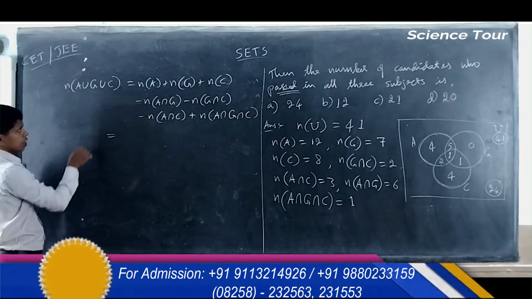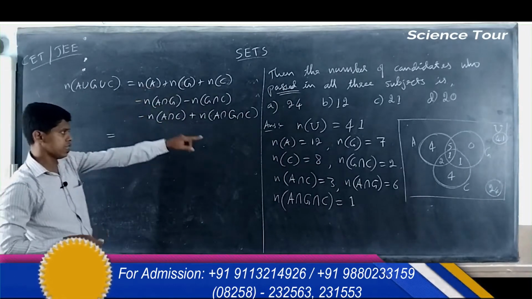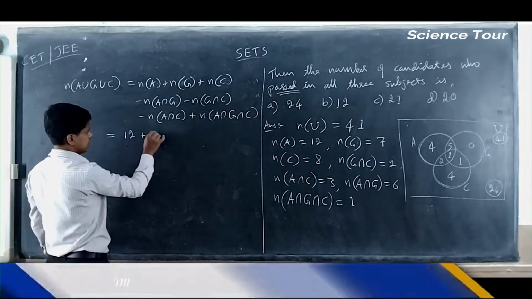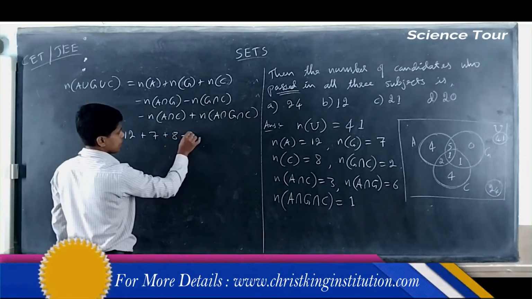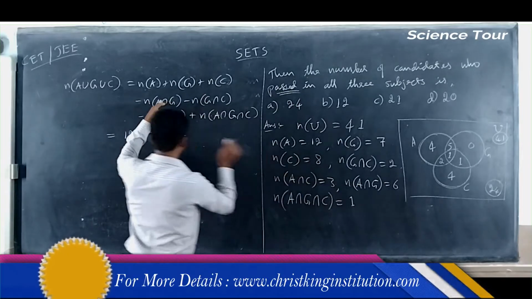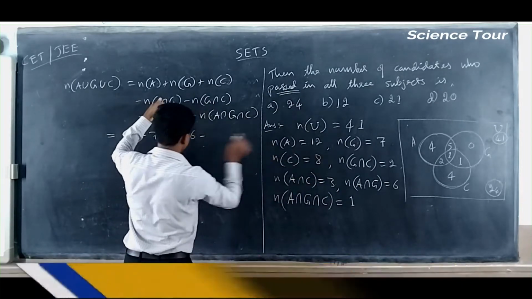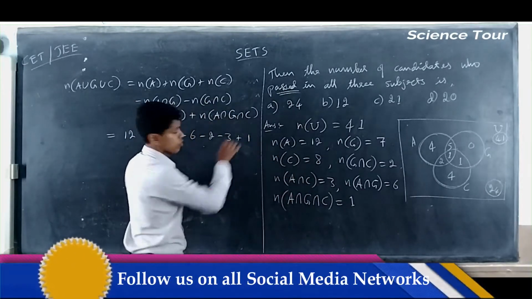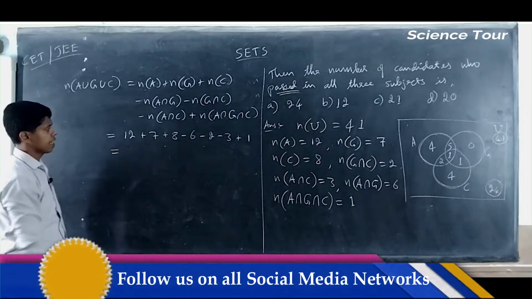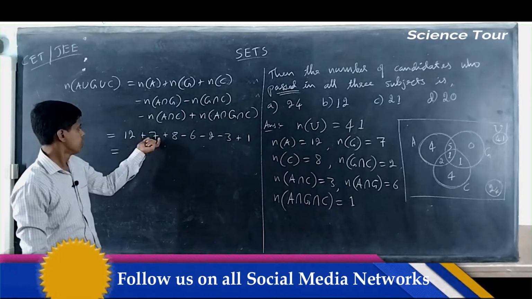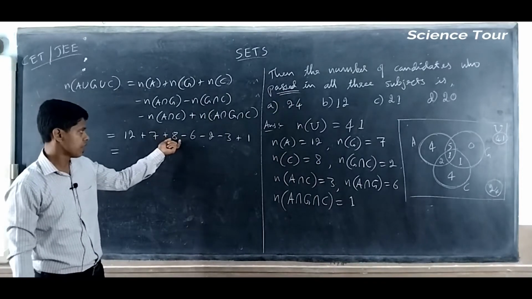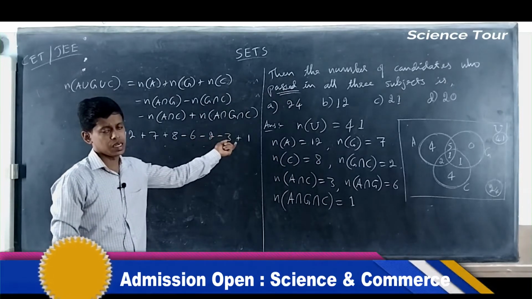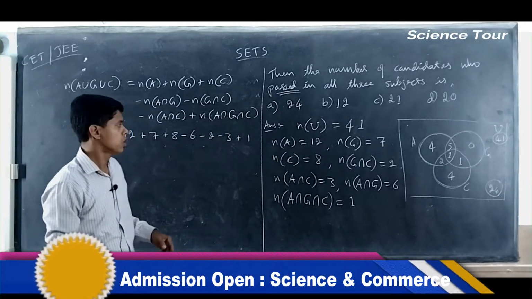We know n of A is 12, plus n of G is 7 and C is 8, minus A intersection G is 6, and G intersection C is 2, and A intersection C is 3, and intersection of all the 3 is 1. Well, that adds up to how much? So 12, 19, 27. So 27 minus 6, 21, minus 2 is 19, 19 minus 3 is 16, plus 1.